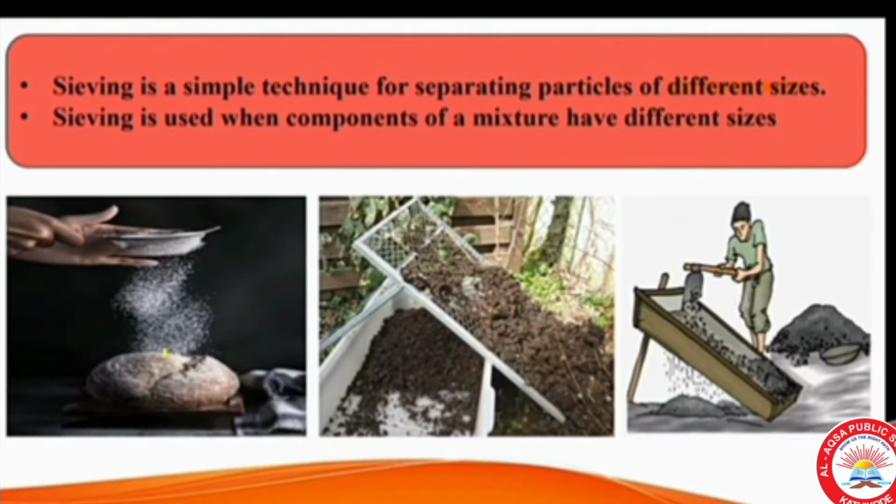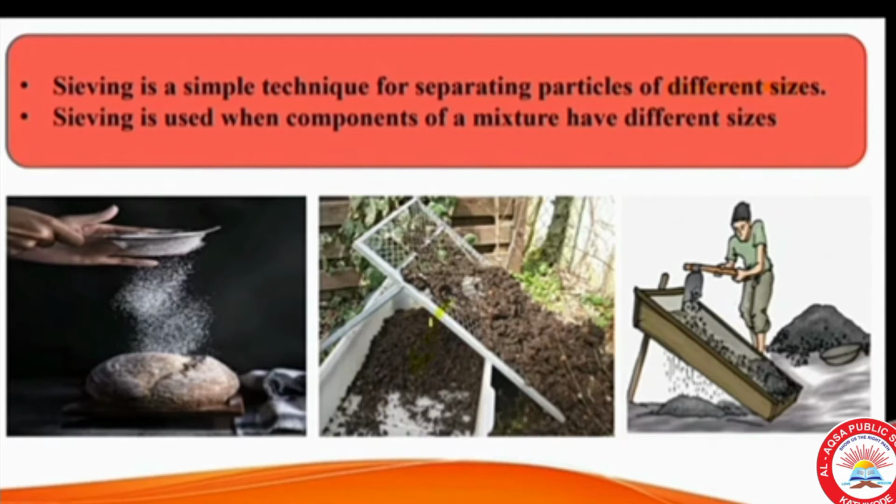Sieving allows the fine flour particles to pass through the holes of the sieve, while the bigger impurities remain on the sieve. The first one is sieving, usually done in our kitchen. And the second and third ones are sieving at a construction area.